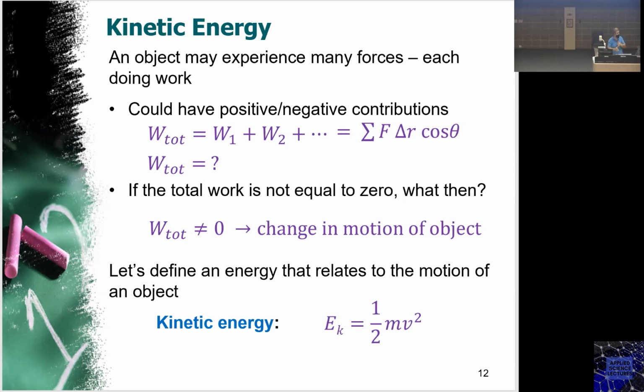So if the mass is constant and the speed changes, then definitely the kinetic energy is going to change. Which means that any work that you exert on this object is going to result into a change in its kinetic energy. And this is what I want to say here, that any net work exerted on an object is going to result into a change in the kinetic energy of that object.